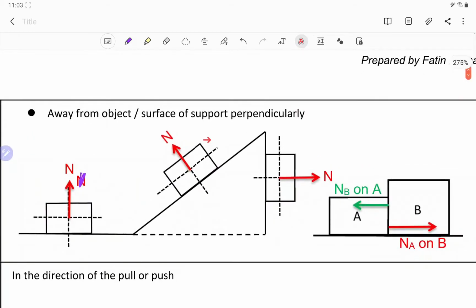Okay, and then kalau objek tu berada pada ramp, so the surface is like this. Therefore, 90 degree dengan surface tu, so normal force kita bergerak ke arah sini. Okay, and then if the object dia duduk dalam keadaan macam ni, kita kena cari kita punya surface kat mana. This is our surface, so 90 degree to the surface. So this is the normal force.